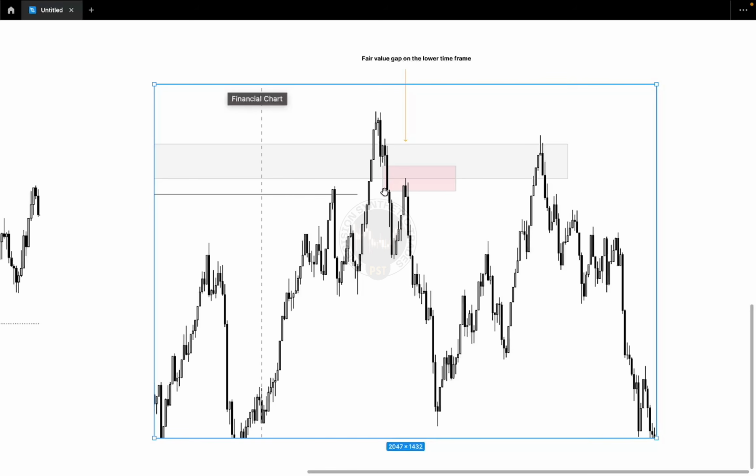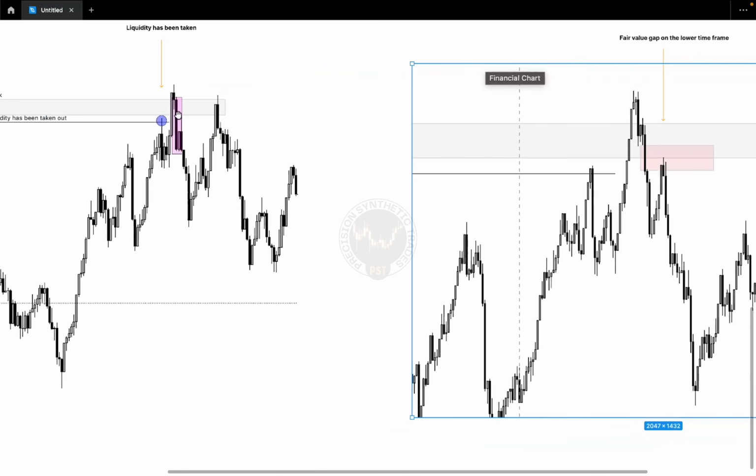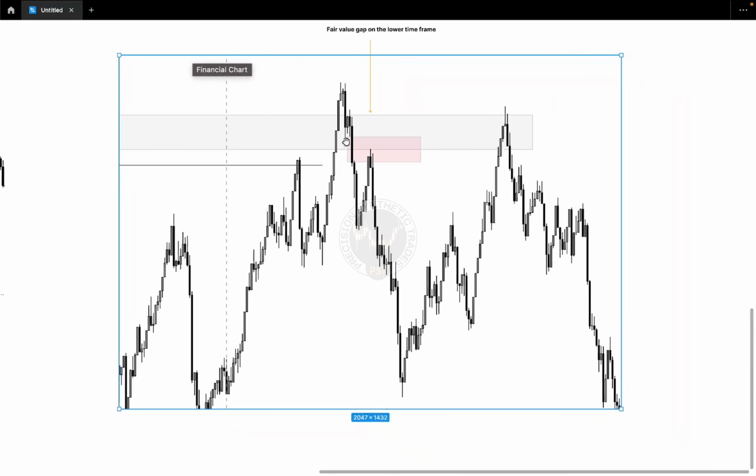A fair value gap at the 50% of this 4-hour engulfing candle. The price went up, entered our fair value gap. As you can see, if you followed the other rules as well, for extra confirmation, liquidity has been taken, enter the POI, market structure shift, came up, enter our fair value gap.